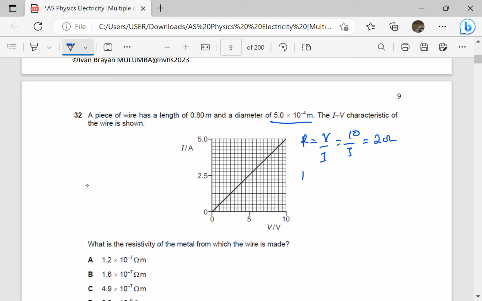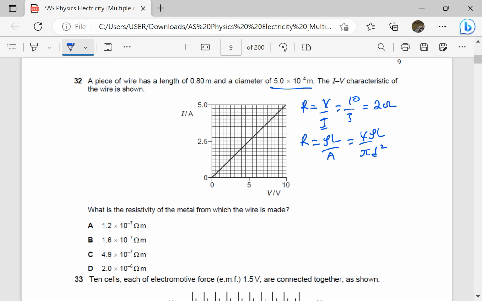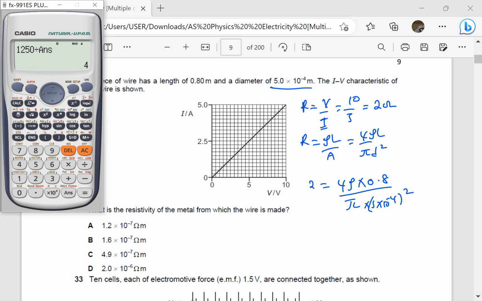That is the resistance. So resistance is equal to rho L over cross-sectional area. And we know that area is pi d squared over 4, so this is going to be 4 rho L over pi d squared. So we want the resistivity, so I'm just going to substitute: resistance 2 equals 4 times resistivity times the length 0.8, divided by pi times the diameter 5 times 10 power negative 4, squared.